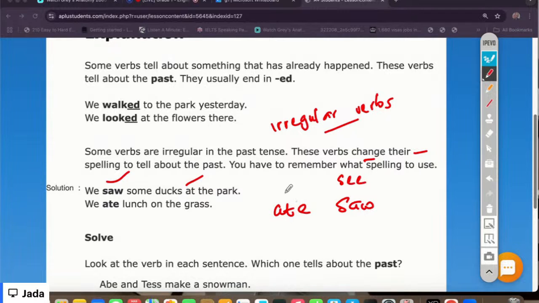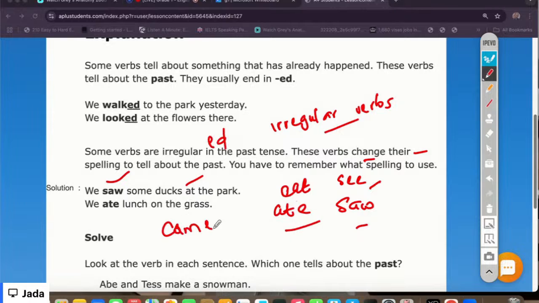We have see. All right. So we have eat, which is the present, and then the irregular past will be ate. See, then saw. So you can see that these verbs are very different. They are in the past, but they're very unique from the ones that end with ed.